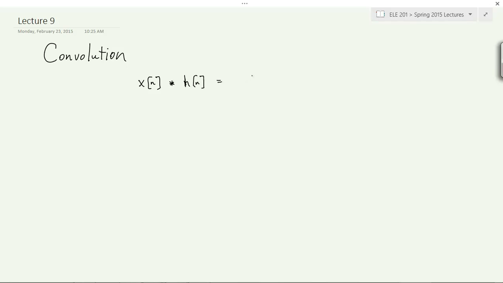And the formula to calculate the output signal is this infinite sum. Okay, so it's pretty straightforward.